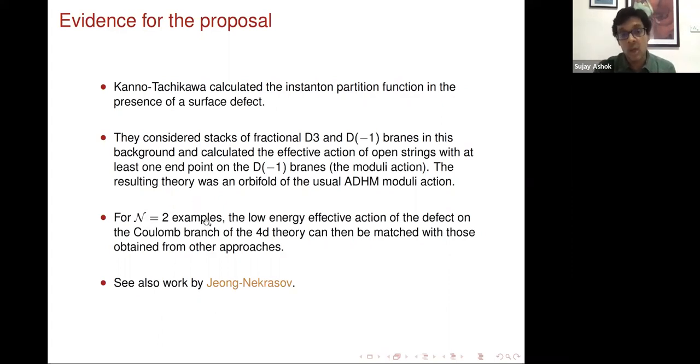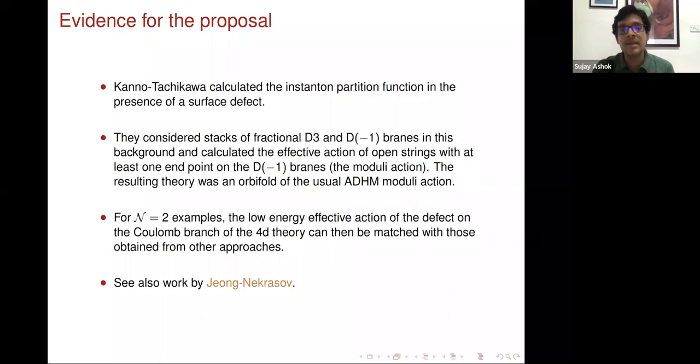For lower supersymmetric N=2 examples and so on, it has been shown that this configuration indeed can be deformed to some other configuration that realizes defects like flavor defects and so on. This was shown in a paper by Jiang and others, that one can deform one configuration into another.